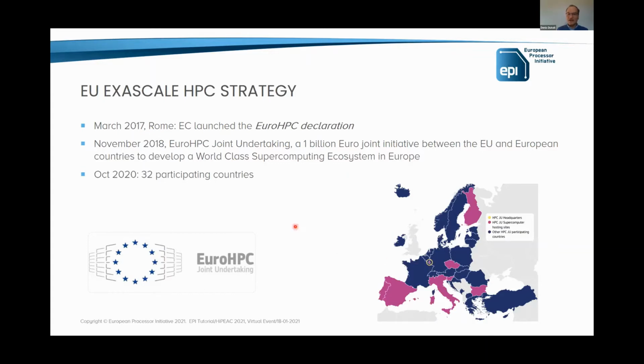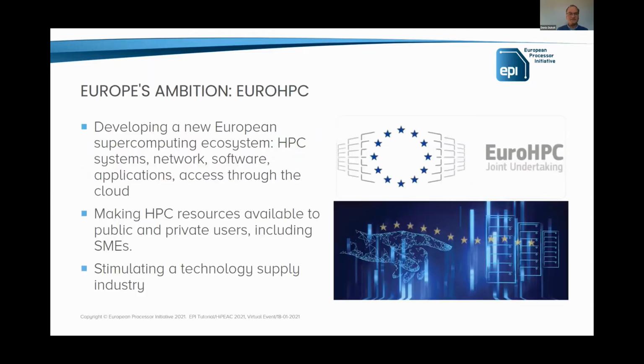The joint undertaking allows the EU and Euro-HPC participating countries to coordinate their efforts with the objective of deploying world-class exascale supercomputers in Europe and also developing supercomputing technologies. As of October 2020, there were 32 participating countries in this Euro-HPC joint undertaking.